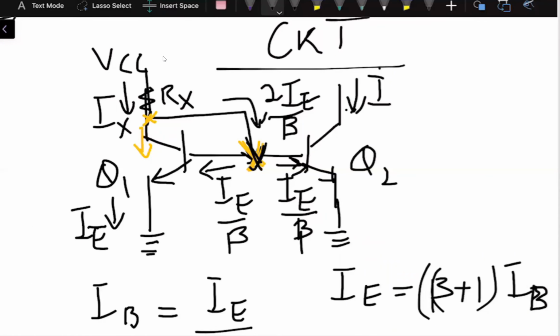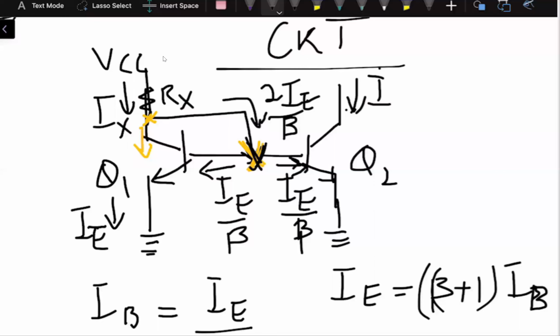Applying Kirchhoff current law, with IE by beta and IE by beta, what is the value of current flowing towards this junction? It should be the combination of the two base currents, the sum of IE by beta plus IE by beta. So the total current flowing towards this node is 2IE by beta. Are you with me?